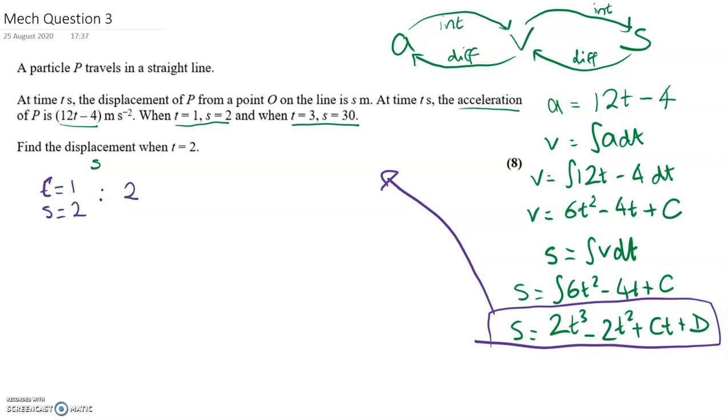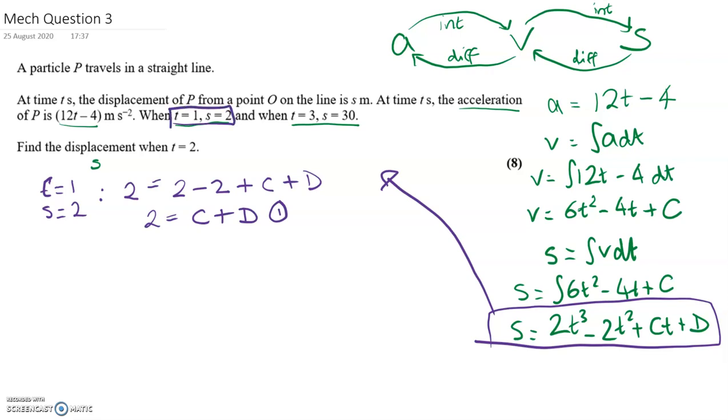We get 2 equals 2 minus 2 plus c plus d. So simplified, I've got 2 equals c plus d. That's what I'm going to call equation 1. That's putting these ones in.